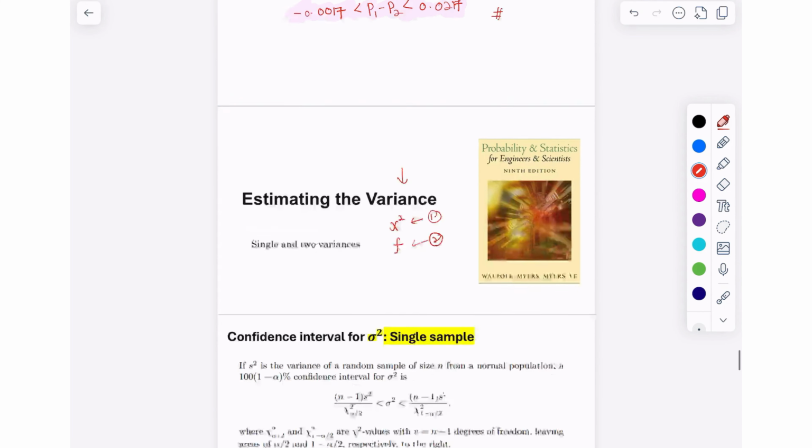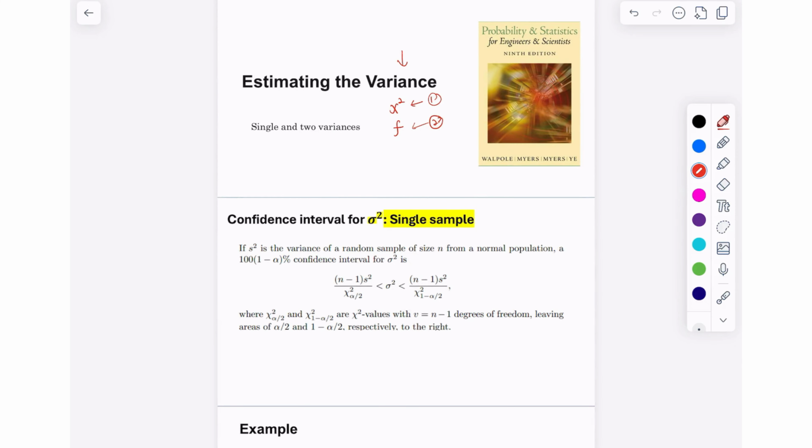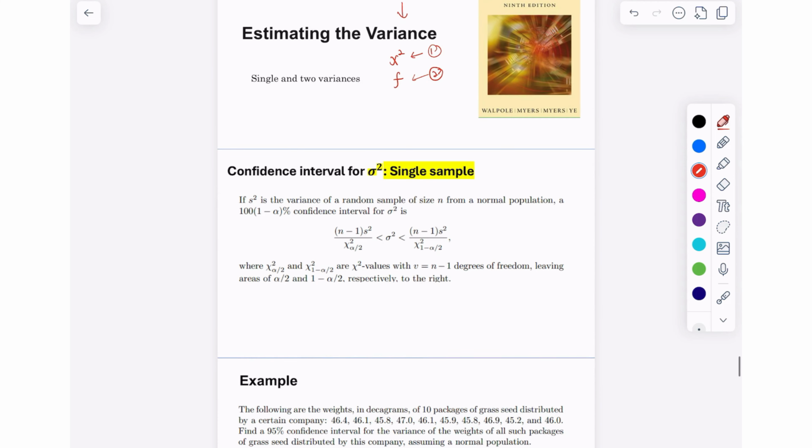Okay, so we go first with the single sample for estimating the variance. If S square is the variance of a random sample of size n from a normal population, then S square is the point estimator. A confidence interval for the variance of the true population is given by this formula.